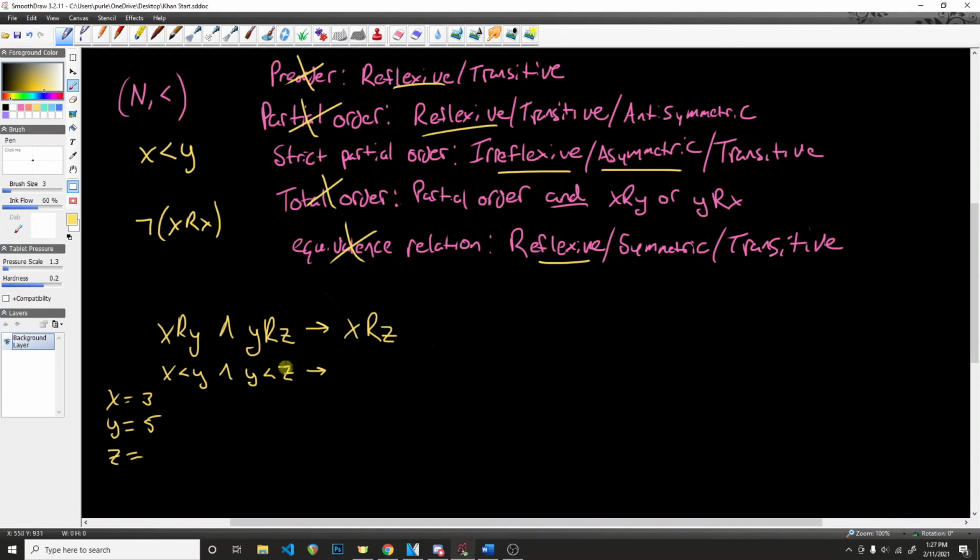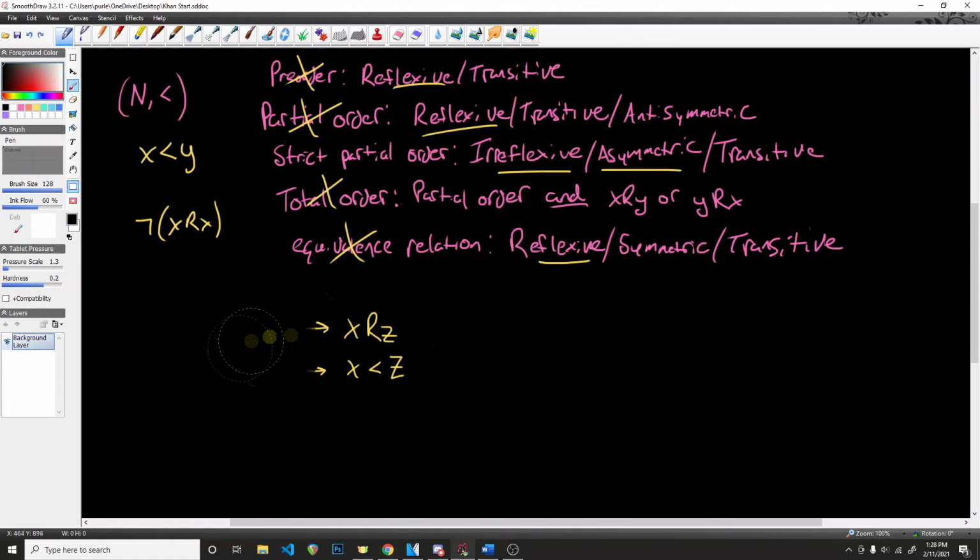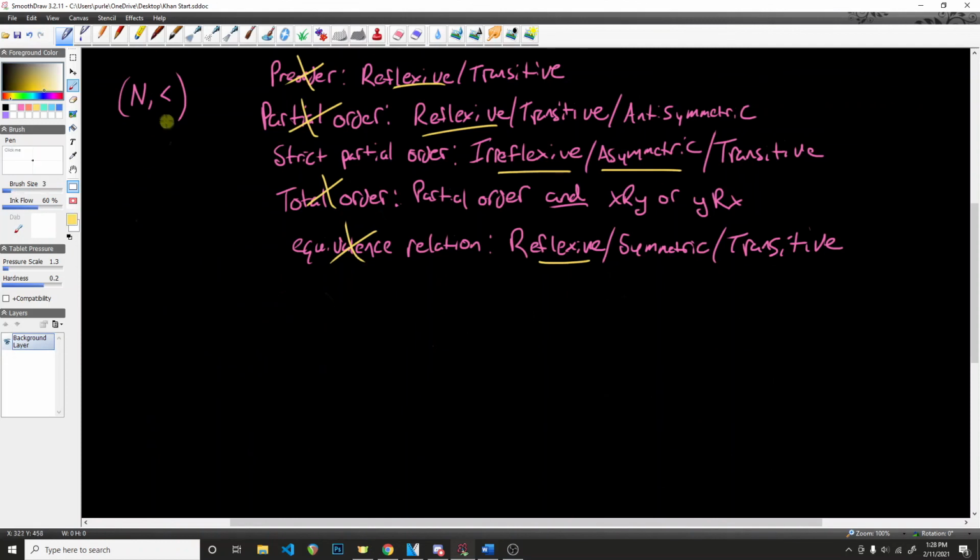And then we need a number, and z can be anything that is bigger than y, so we can have 7. Does that imply that x is less than z? If you look at this, it does kind of make sense, right? So if 5 is bigger than 3 and 7 is bigger than 5, then it stands to reason that 7 is going to be bigger than 3. So we don't have any proof, but we have a lot of reason to think that the less than relationship on the natural numbers will follow a strict partial order.